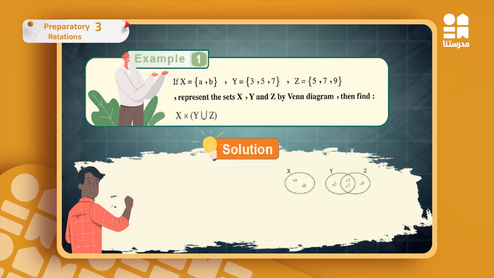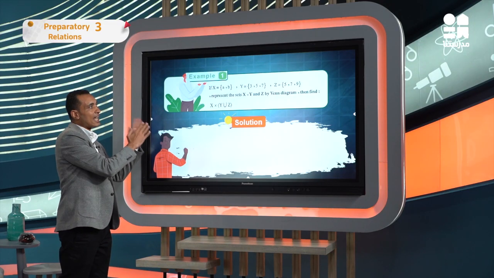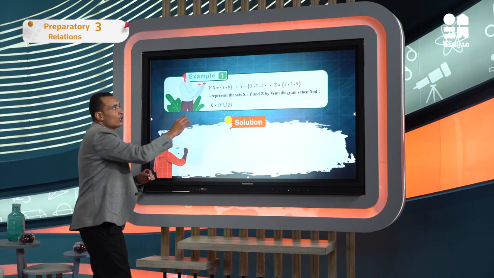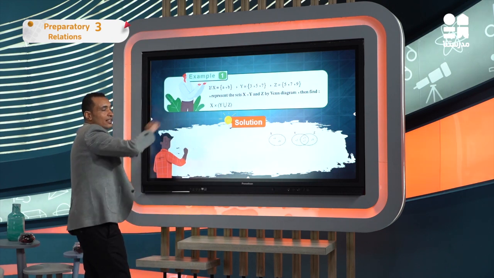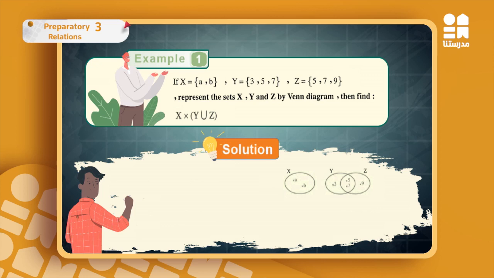As we can see in Venn diagram, the set X is alone because the elements of X are A and B. There is no common elements between X and Y and Z, so the set X contains A and B alone, and if you see Y and Z, there are two elements, 5 and 7, that are common between Y and Z. So we will put them in the intersection part, which is between Y and Z. And we have here 3 is only for Y and 9 is only for Z. This is the first required: represent them by Venn diagram.